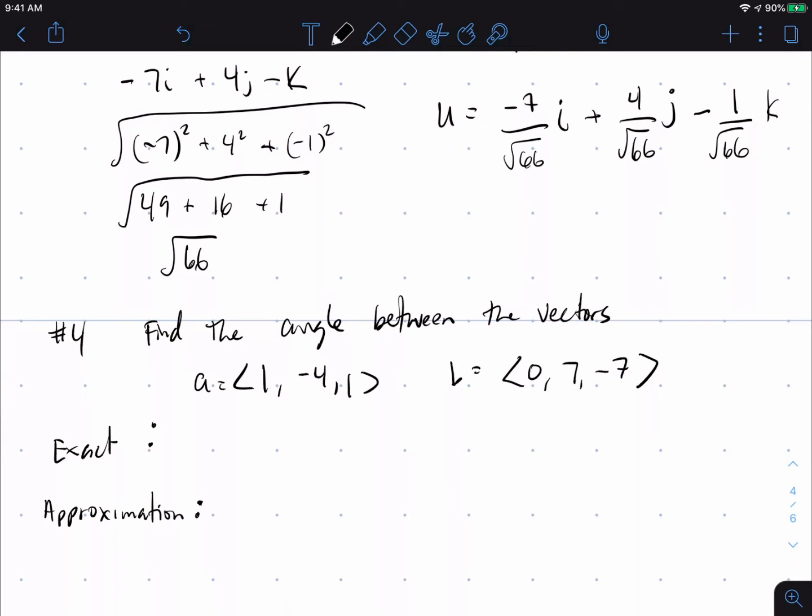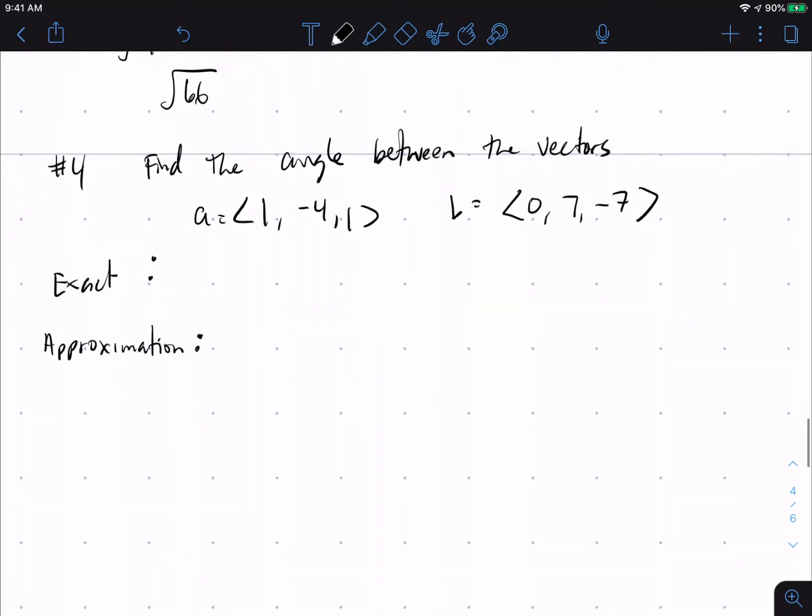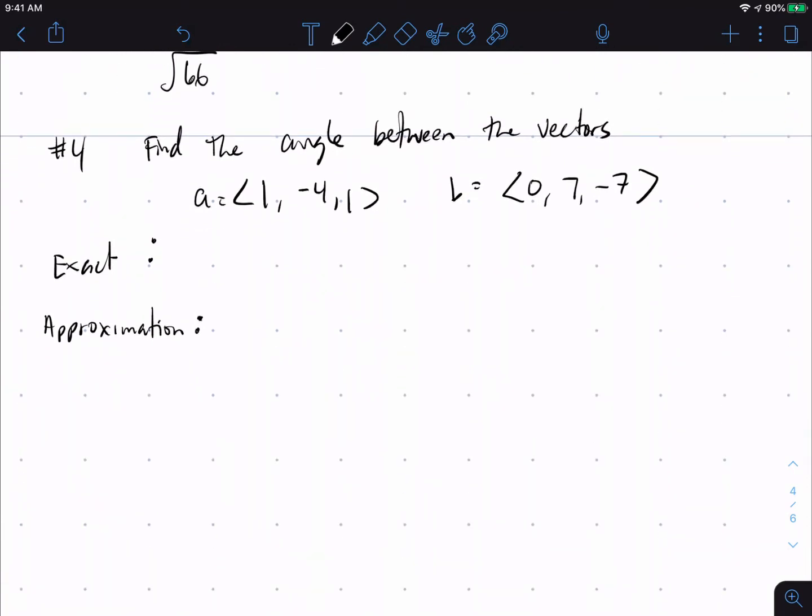Sorry about that. All right, are you guys ready? Not yet? Yes. Okay. So in order to find the angle in between, we need to remember cosine of theta is equal to the dot product over the product of the magnitudes.